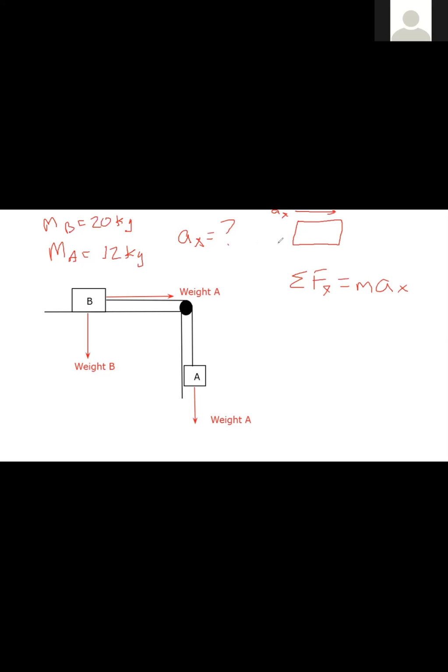There's no force to the left here. The only force causing the acceleration is the weight from A. Well, how much mass is being accelerated? Is it 20? Is it 12? Or is it 32 kilograms?